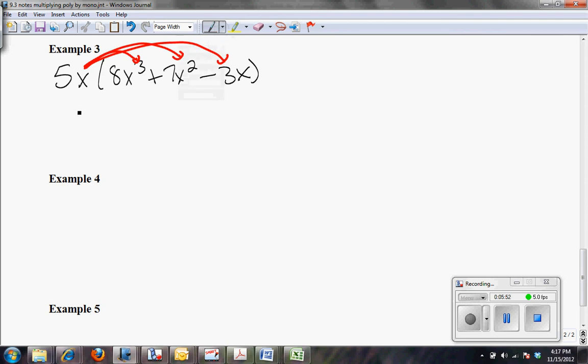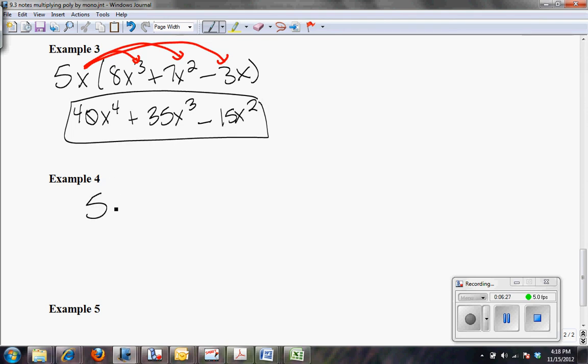So 8 times 5, I'm going to end up with 40x to the fourth, and then 5x times 7x squared, end up with 35x cubed, and 5x times 3x, we end up with minus 15x squared. All right, what do you think? Hopefully you got the same answer as I did.